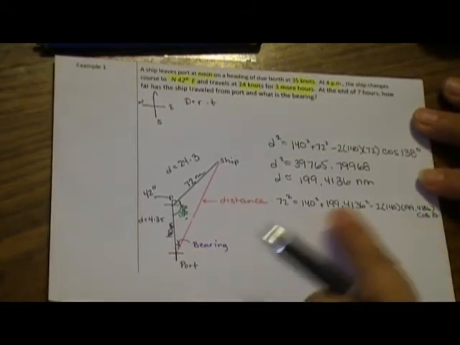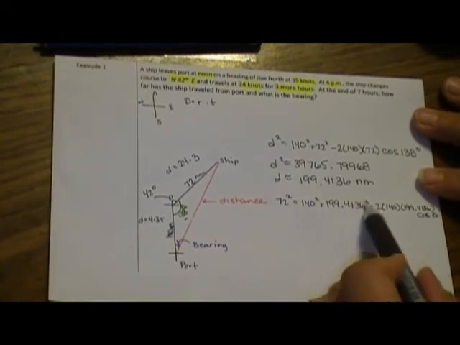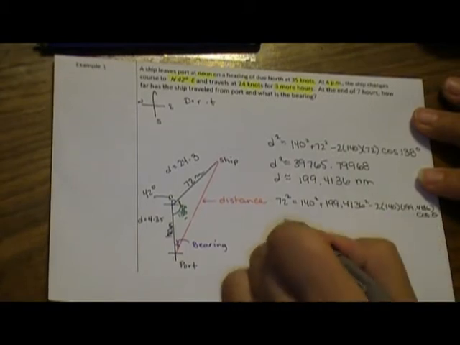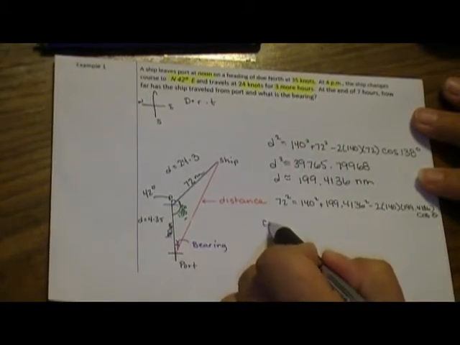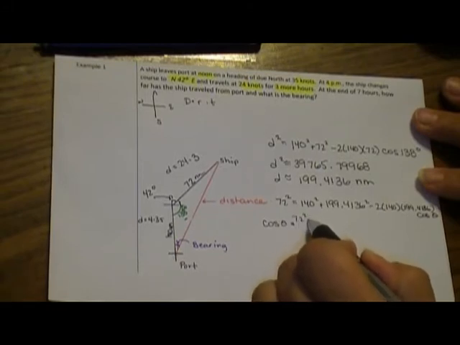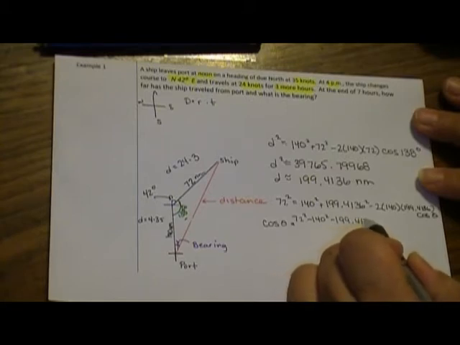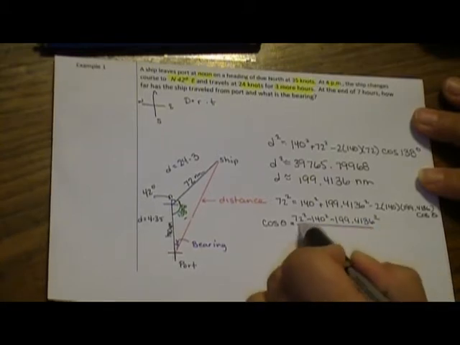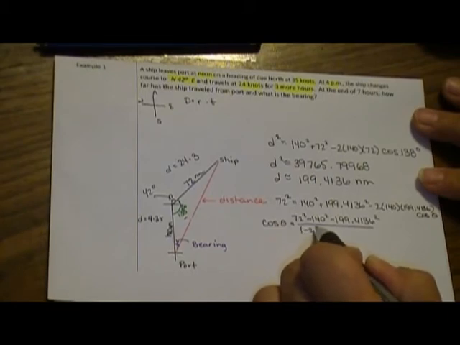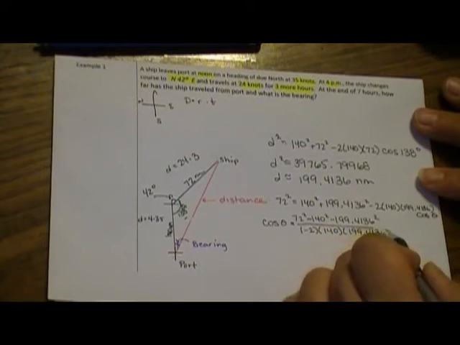Now I'm trying to find that cosine of theta, so I'm going to solve for that. By doing some manipulation, moving the squares all to one side and then dividing, which you should be used to with the law of cosines by now, I get the cosine of theta equals 72 squared minus 140 squared minus 199.4136 squared, all divided by negative 2 times 140 times 199.4136.